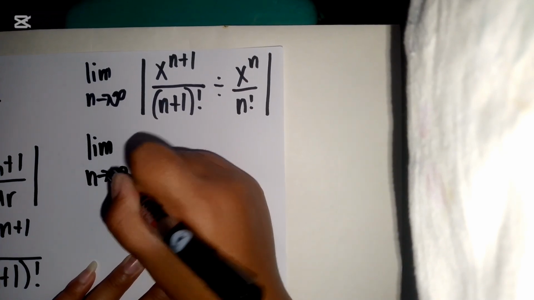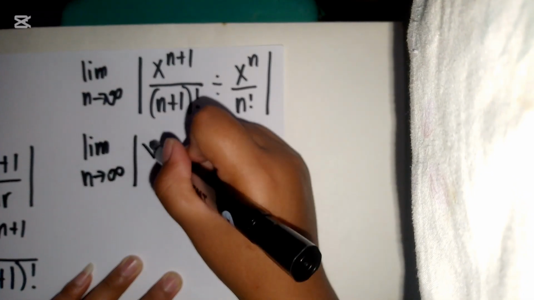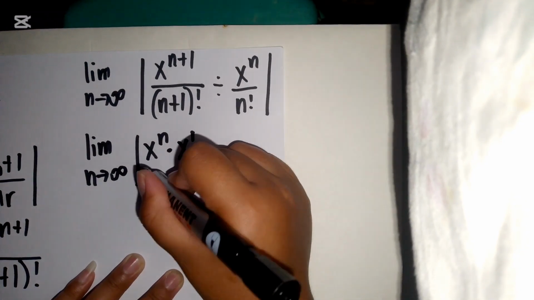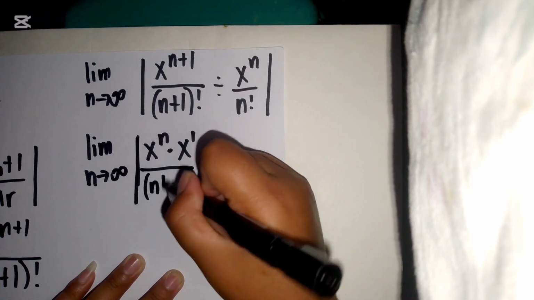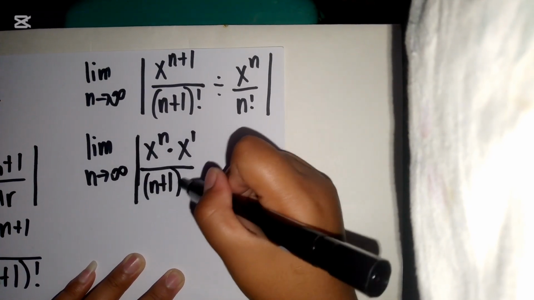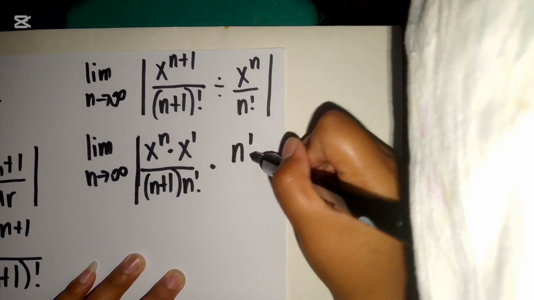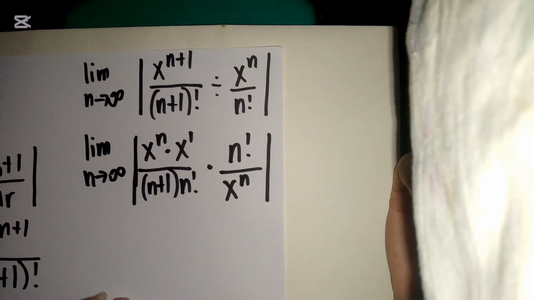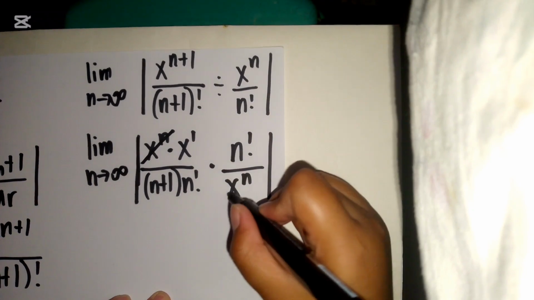Next, the limit of n approaches infinity will be the simplification of the above equation. So it will be x raised to n times x raised to 1 over n plus 1 and n factorial. As we use the ratio test in the power series convergence, we will reciprocate the u sub n and it will be n factorial over x raised to n.